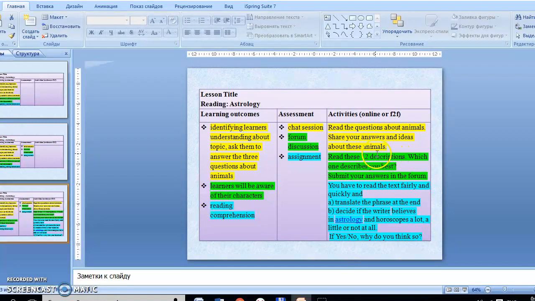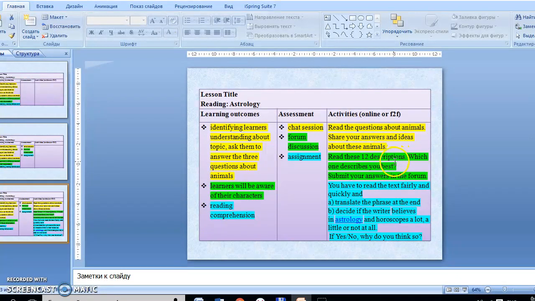So the first activity, which was designed as a chat session, here learners will read questions about animals and share their answers and ideas about animals.